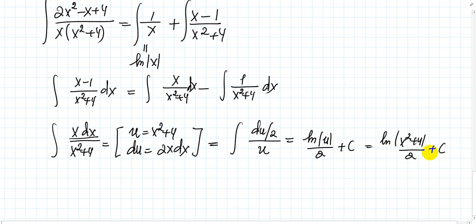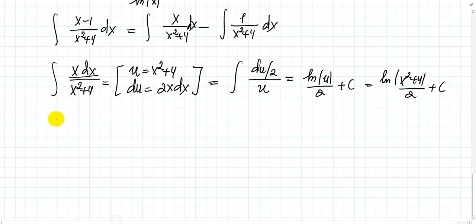Okay? The second part is a little bit tricky. The second part is the integration of dx divided by x squared plus 4, right? If you would have 1 here, then there is a formula. The integration of 1 over x squared plus 1 is equal to the arctangent of x.